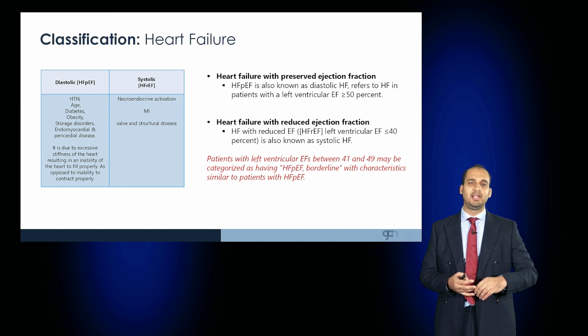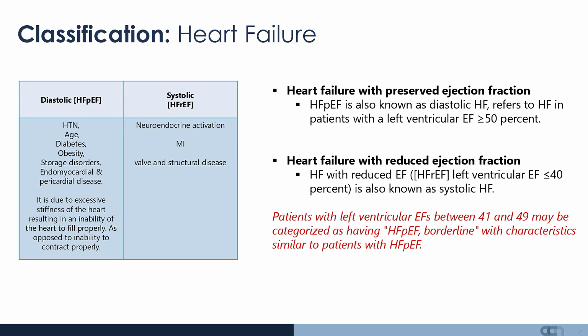And this can occur as a result of hypertension, increased age, diabetes or obesity, and it's usually due to an excessive stiffness of the heart, resulting in an inability of the heart to fill properly rather than its ability to contract. Systolic heart failure, or HFrEF, heart failure with reduced ejection fraction, occurs as a result of valvular disease or structural heart disease, MIs, neuroendocrine activation.